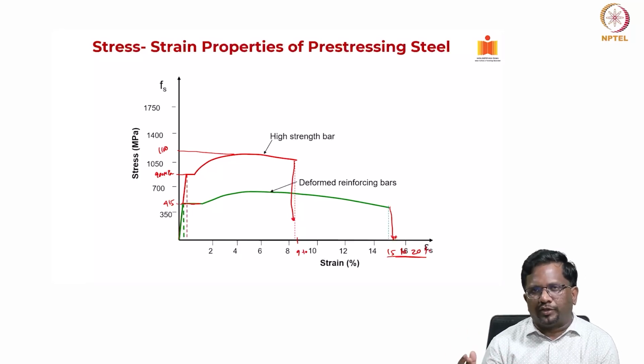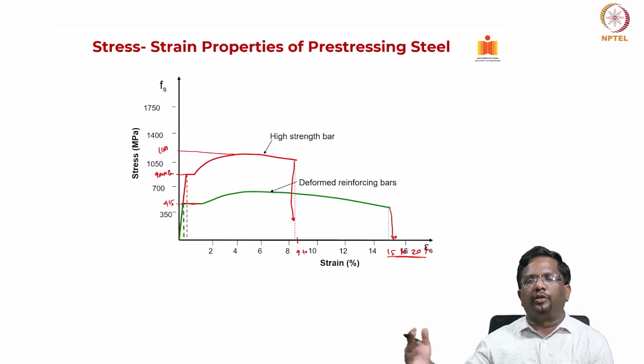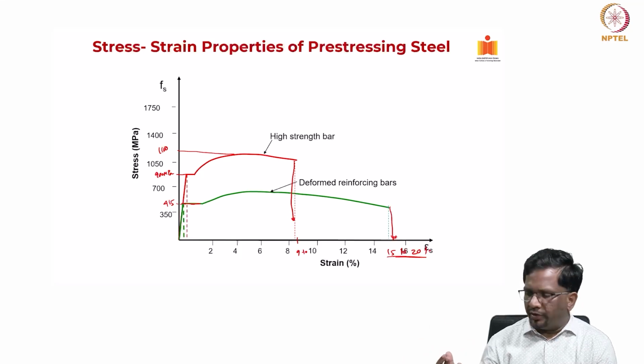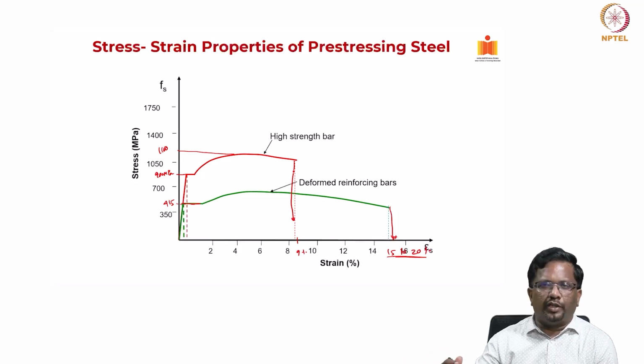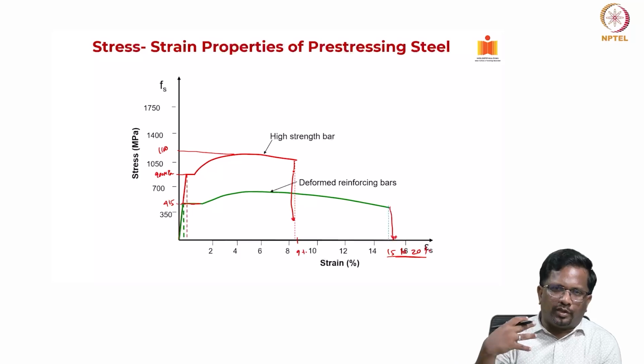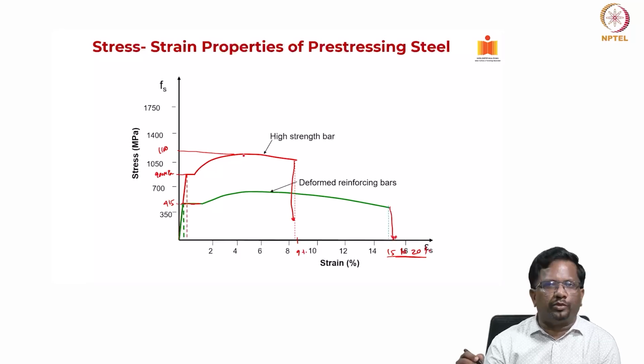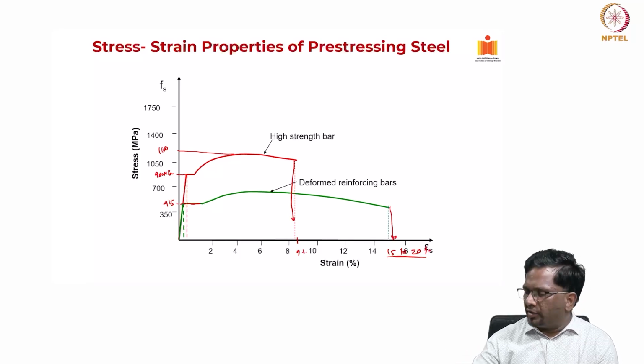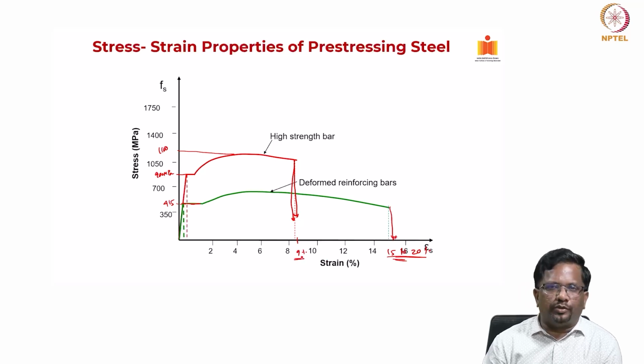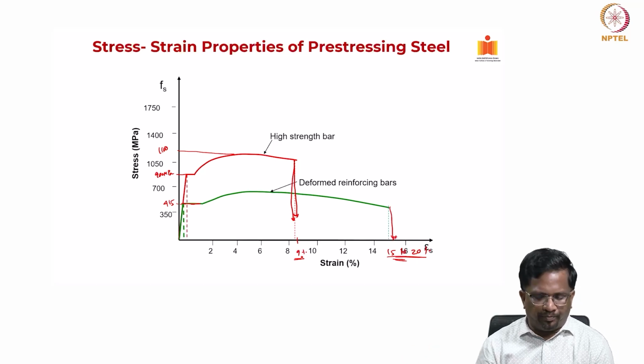Nowadays, you have ductile steel as well in rebar that can go 20-25% strain also, right. But what we are saying is, when you make the strength higher by some production process, your yield strength goes up, your ultimate strength goes up. However, the strain at which it is going to fail is going to come down. This is 16, this has become 9 or so. So, roughly 50% of reduction is there between deformed reinforcing bar and high strength bar.